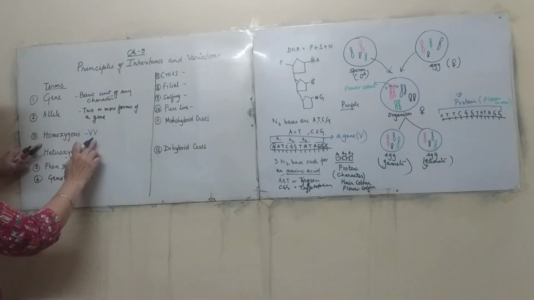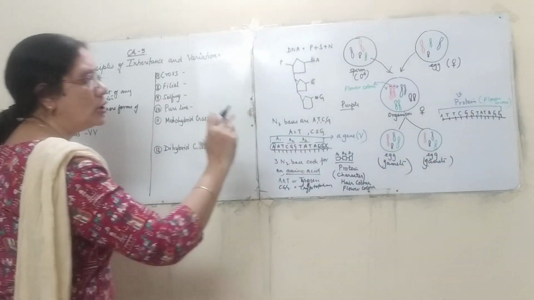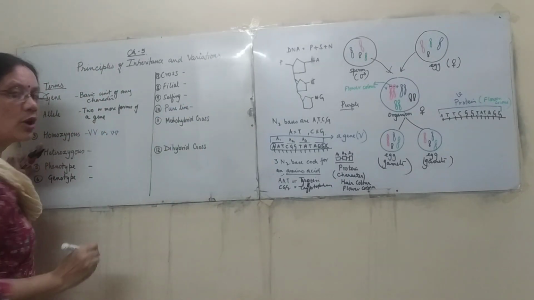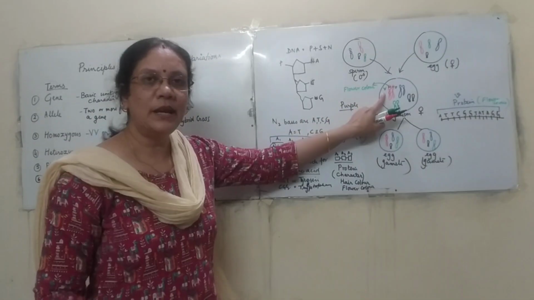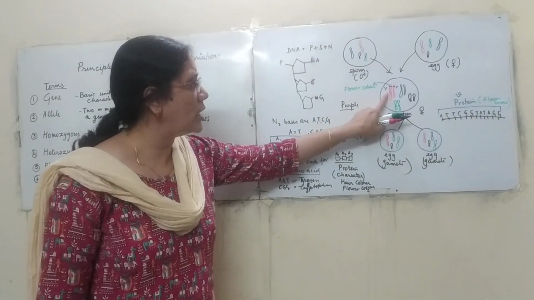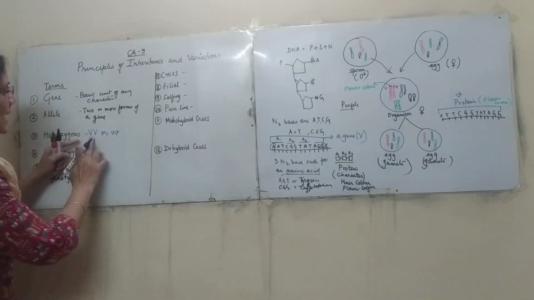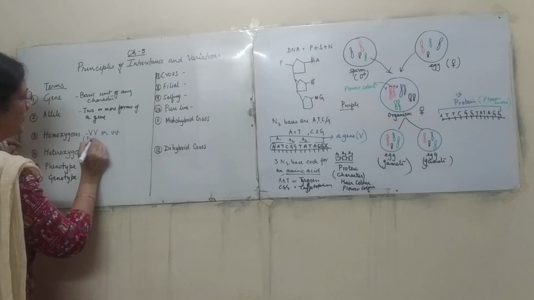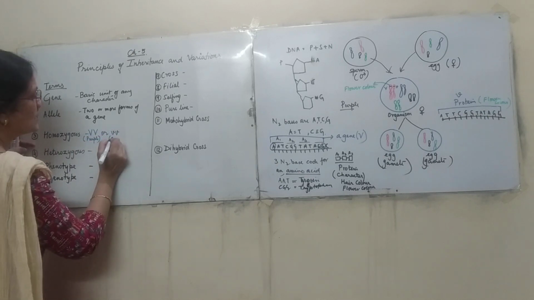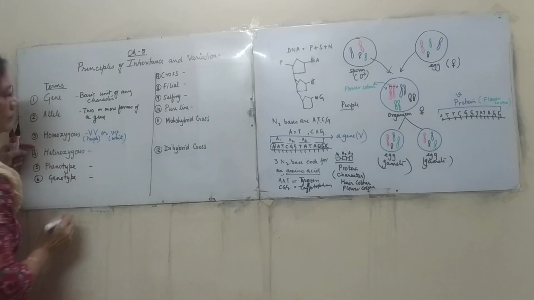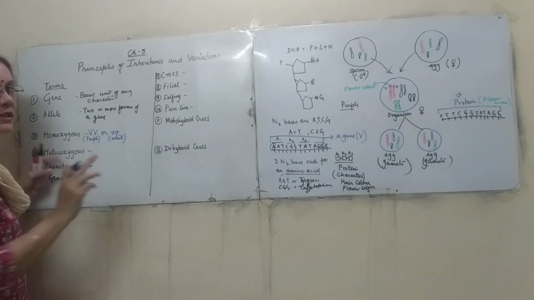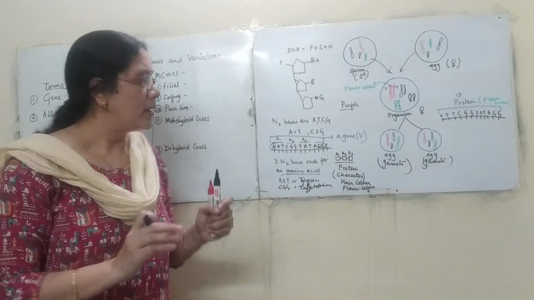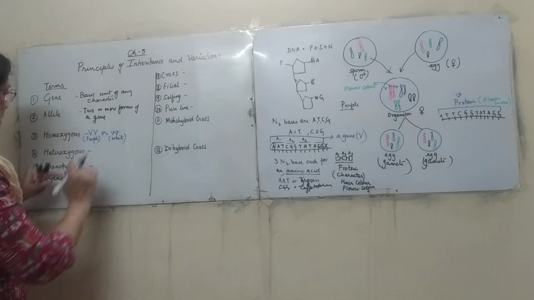Homozygous may also have both small v. In this case the flower color would be purple, and in this case it is white. So homozygous means same. Both the chromosomes have the same genes.